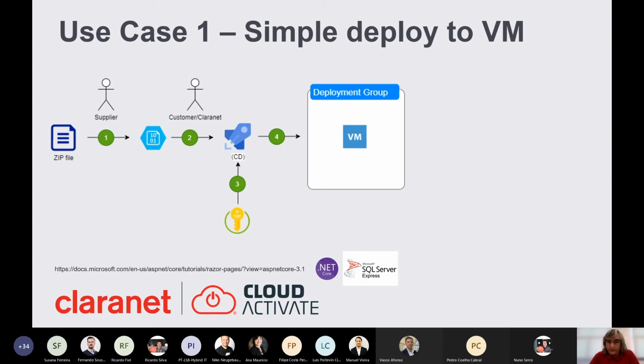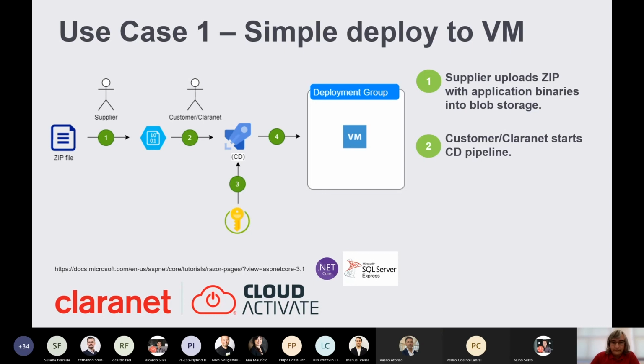We are going to use Azure DevOps here to automate the deployment of this site into the VM. So let's follow the whole process in this slide. First, the supplier uploads the zip with the new version of the website into a blob storage. In the next step, the customer or Claranet starts the CD pipeline, the continuous deployment pipeline.